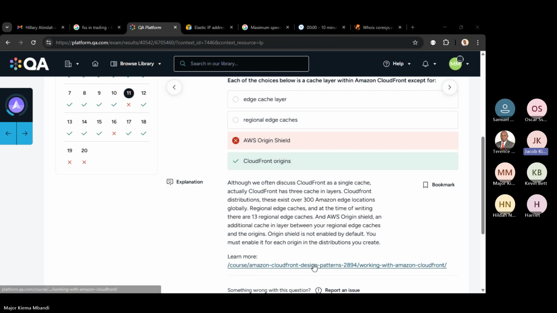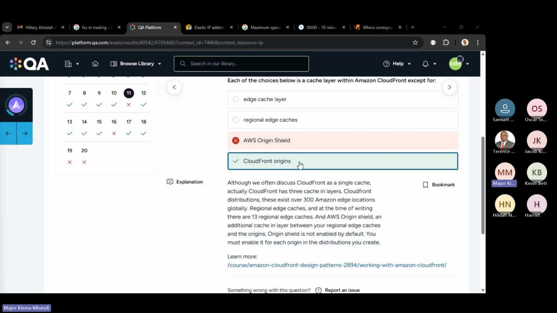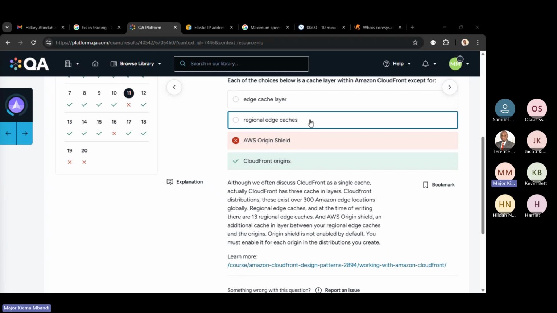Okay. Yeah, thank you so much. So I think that's maybe the confusion. Origin Shield is not enabled by default, but it's part of the caching layer. So we'll have Origin Shield, regional. As I said, the example that maybe Jacob was giving about South Africa: South Africa is a region, but a region also has edge locations. So we have regional edge caches, and then we also have the edge caches layer, those edge caches that are not tied to any region.